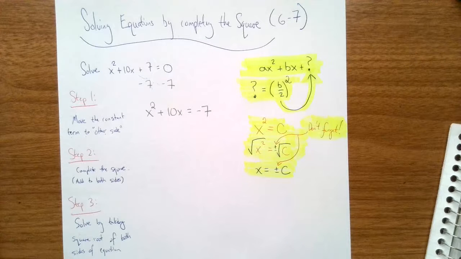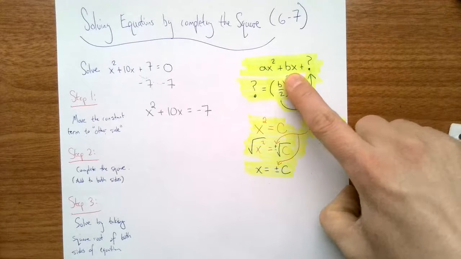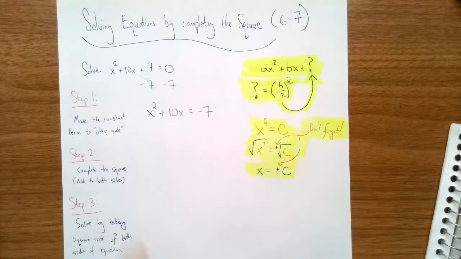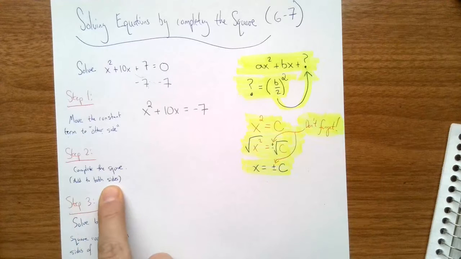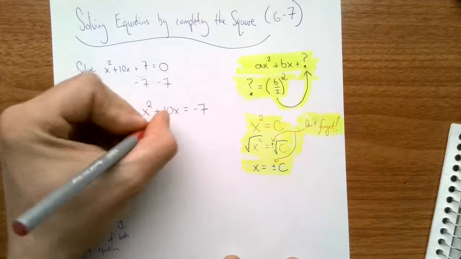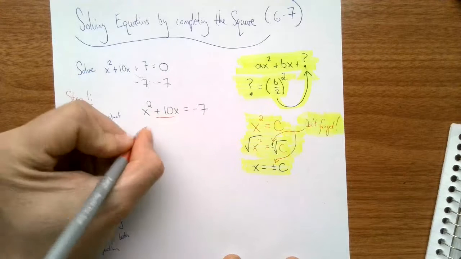Step 2 is going to have us use the skill from the previous lesson, which is to complete the square. Over here on the right side of the page, we have a little reminder. We're going to take the coefficient from our x term, divide it by 2 and square it. When we produce that value, we need to add it to both sides of the equation to keep the equation balanced. So our linear term coefficient is 10.